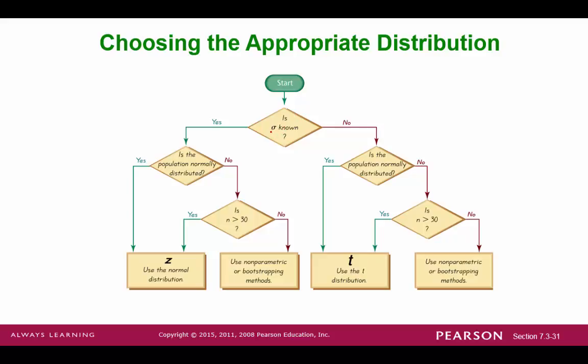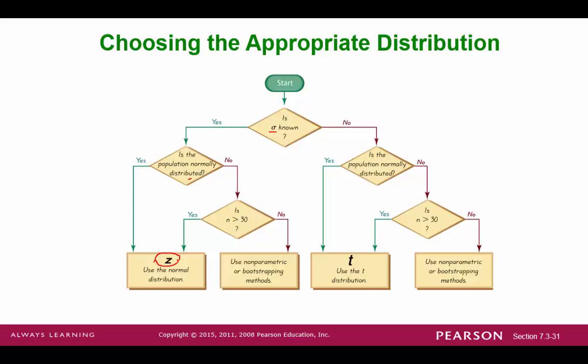First thing we ask is, if sigma is known, do we know what sigma is? And if we do, we're going to follow this path. Is the population normally distributed? If it is, then we use a z distribution. We can also ask, if it's not normally distributed, do we have a sample size that's large enough?